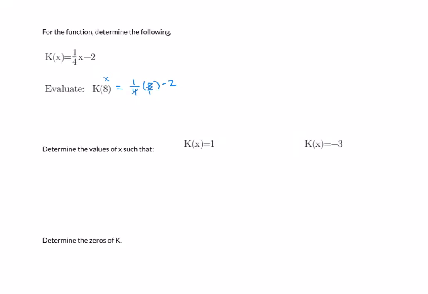I can go ahead and cancel. 4 and 8 are both divisible by 4. We get 2 and 1. And if we simplify that, we get 2 minus 2 is 0. So k of 8 equals 0.